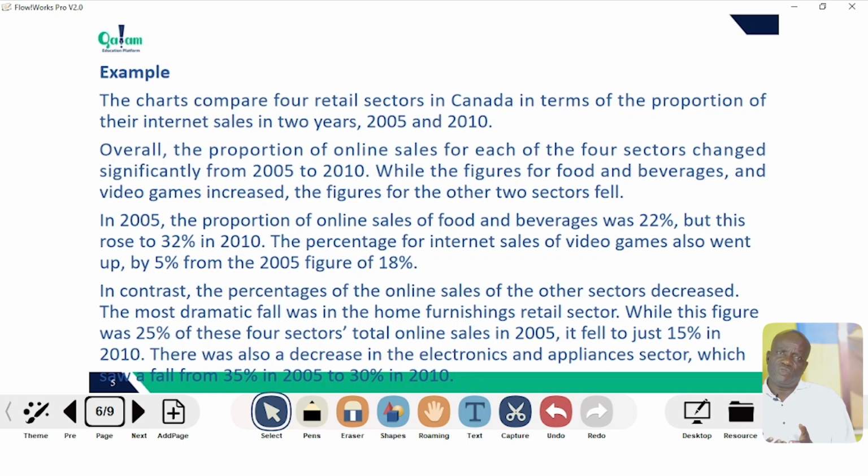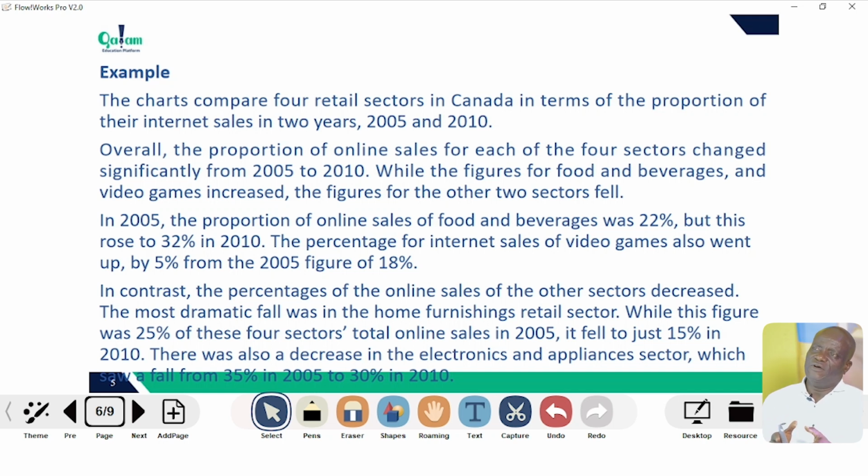So, in 2005, the proportion of online sales of food and beverages was 22% of all of what was sold. But this rose to 32% in 2010.